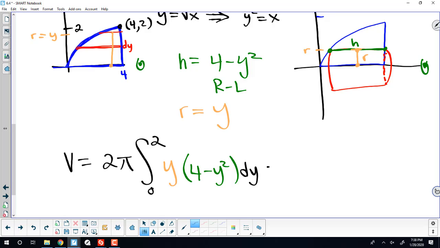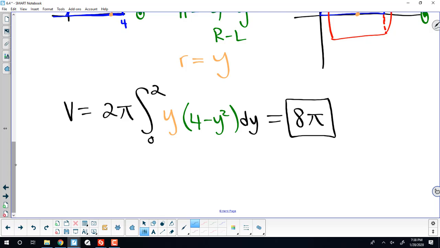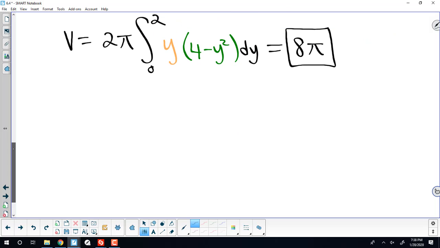Eight pi is the answer. So please, on the exam, just show a little bit more than that. I don't expect you to deal with all the tedious arithmetic by hand, but you want to take it out like this at least to get points.